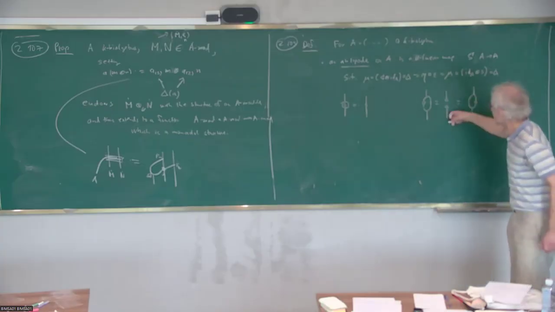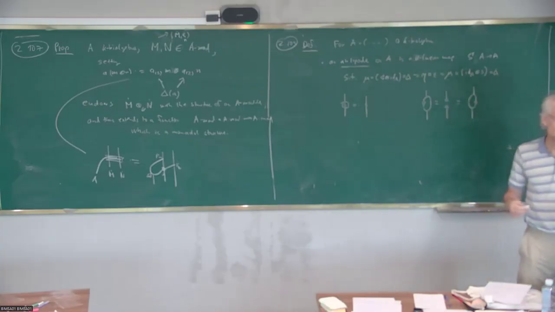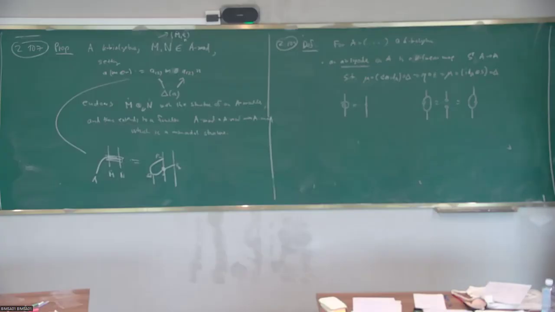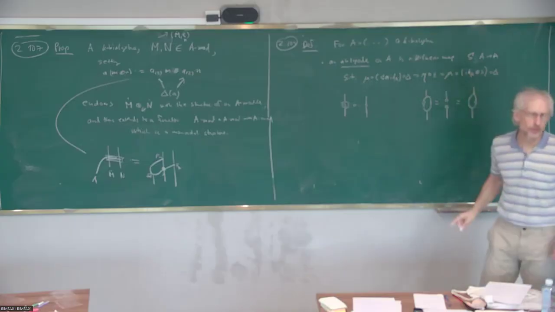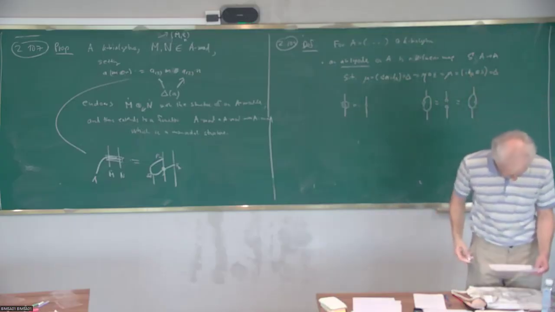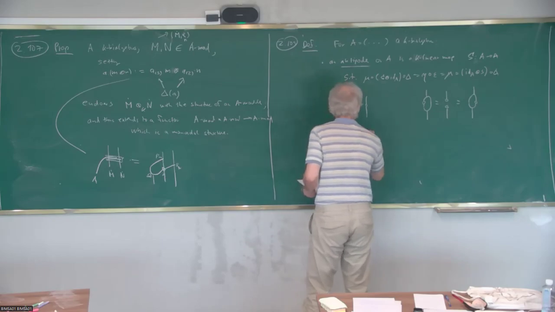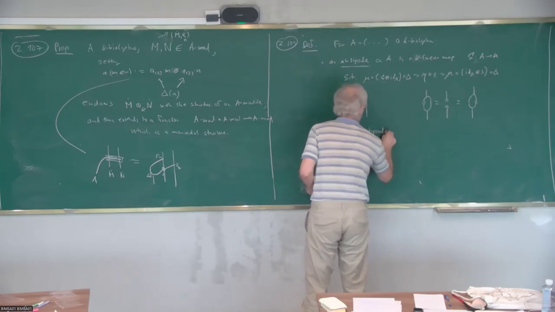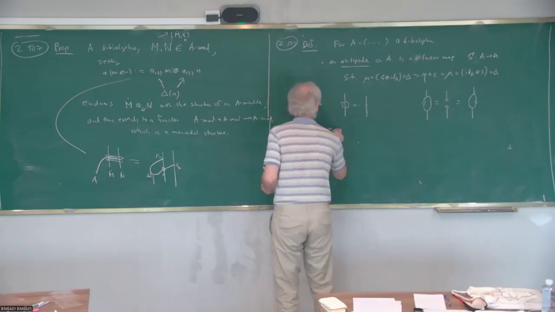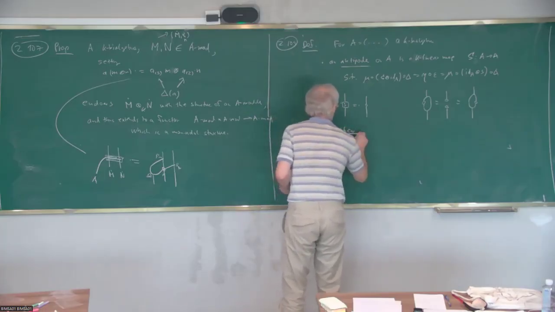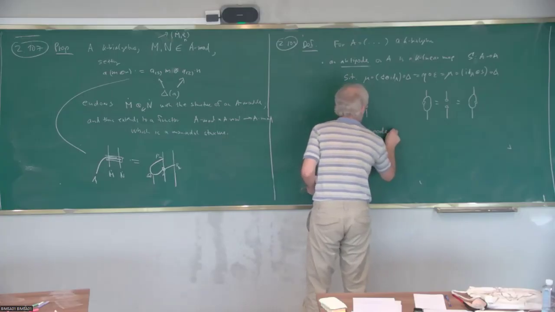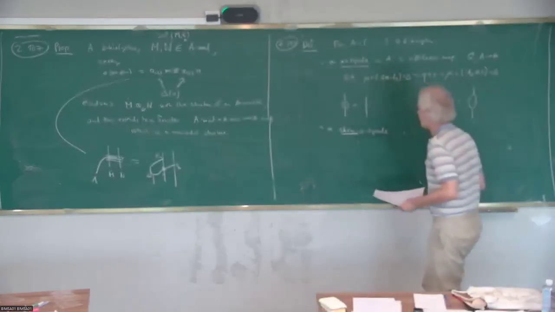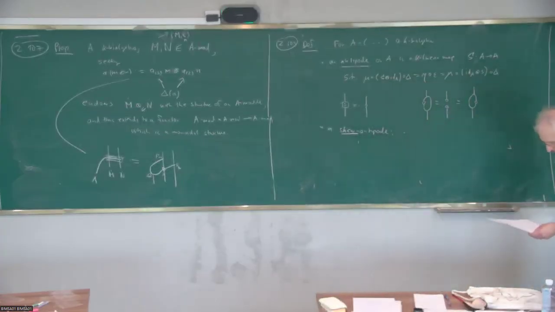Because what one has here is actually the unit for the convolution product. And then one also has a different notion, which is a slight variation of that.